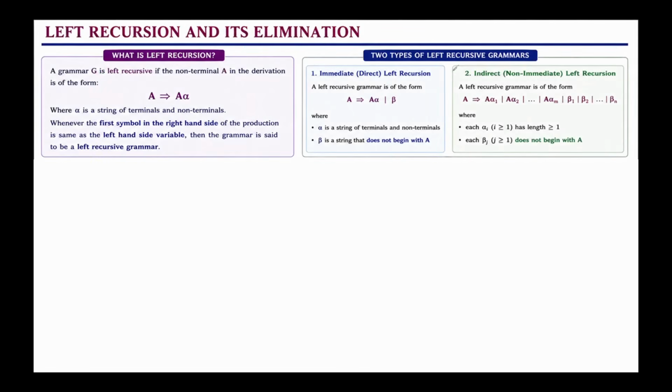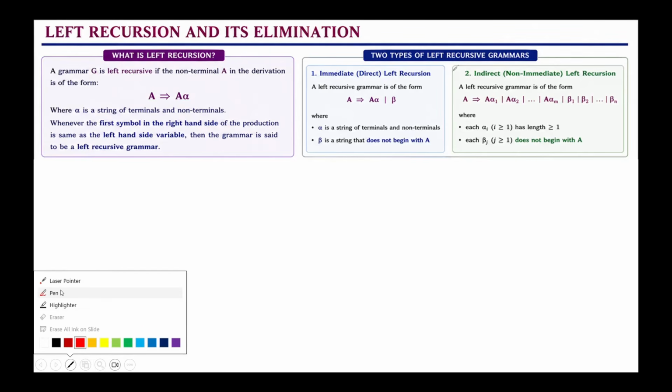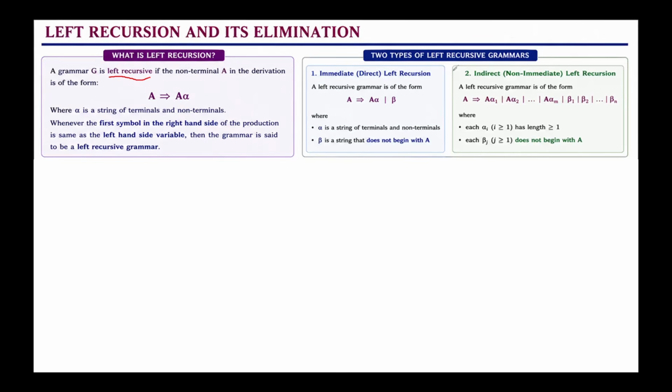So as a first step, we must quickly understand what left recursion is and how to eliminate it. A grammar is left recursive if, for a non-terminal A, the derivation is of the form A tends to A alpha.